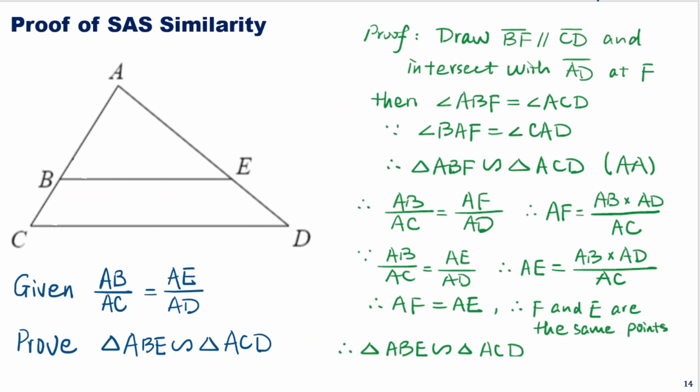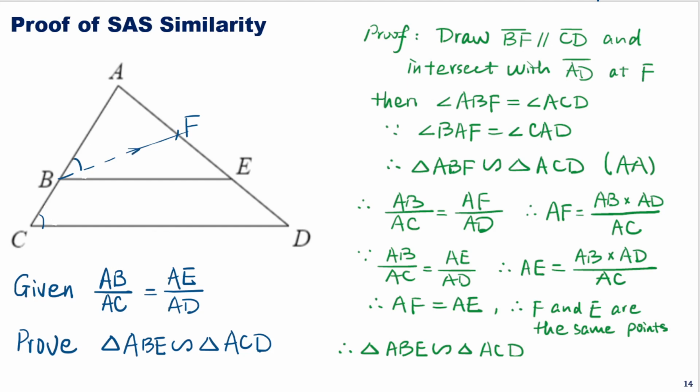First of all, draw BF parallel with CD. Well, it seems BE is parallel with CD, but still you need to prove that, right? So let's draw BF parallel with CD and intersect with AD at point F. Then we know angle ABF, this angle here, equals angle ACD, right?